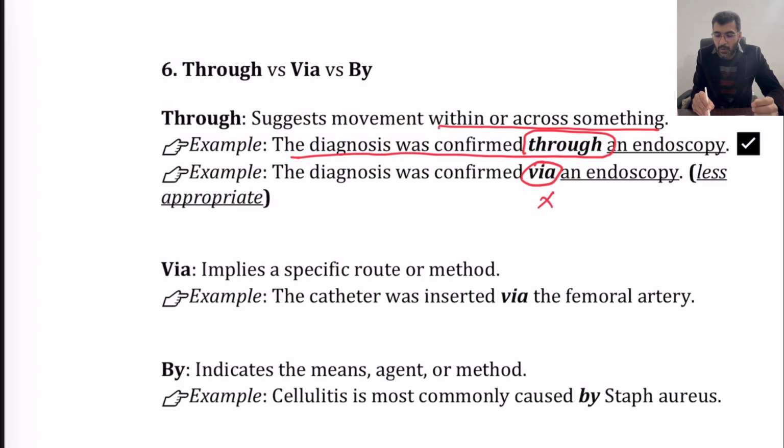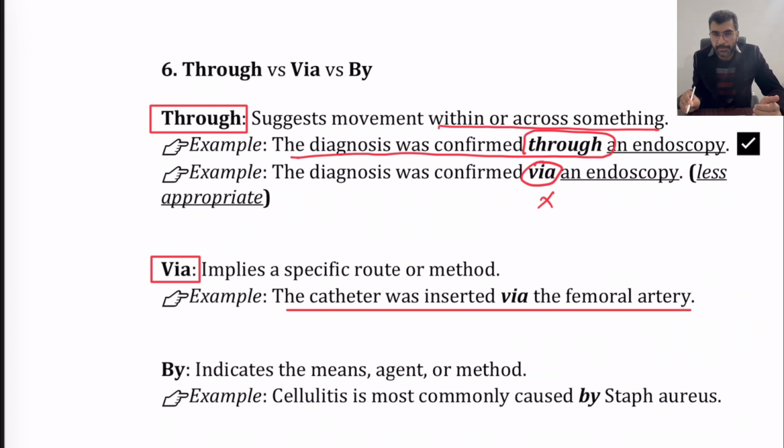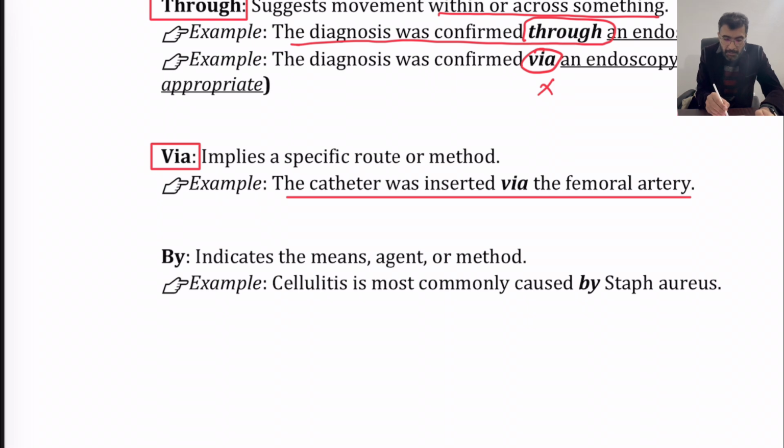So the diagnosis was confirmed through an endoscopy. This is the use of through. Via, on the other hand, is used for a specific route or method. For example, the catheter was inserted via the femoral artery. Then by. By indicates means, agent or method. Cellulitis is most commonly caused by Staph aureus.